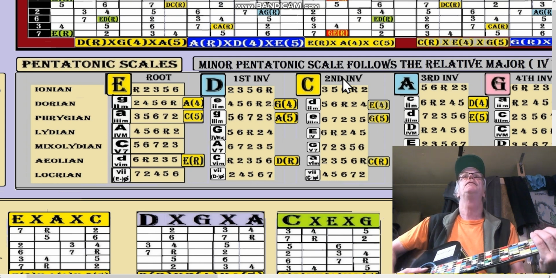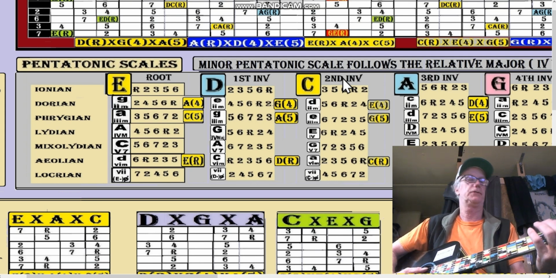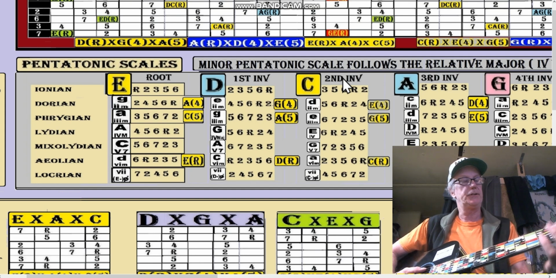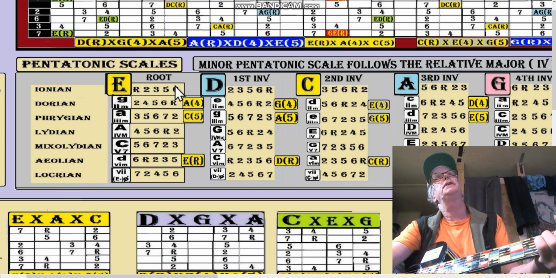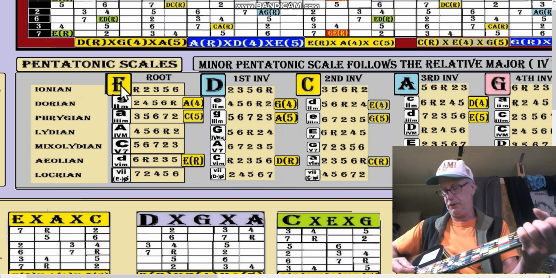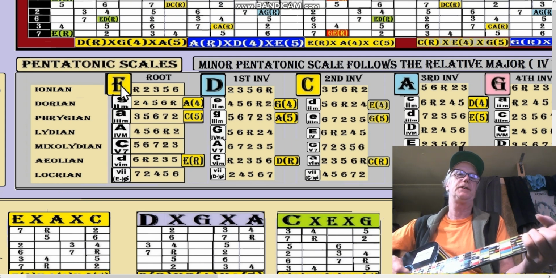The first inversion is on the D, which is on the second. So here's your C scale. On my guitar I can play it. It starts on the E shape. That's not exactly why I started this E here, because I have a guitar that plays C in the E shape.